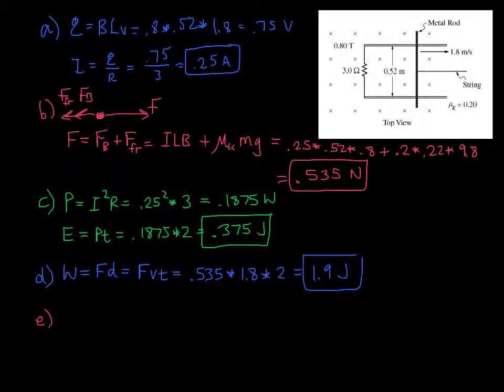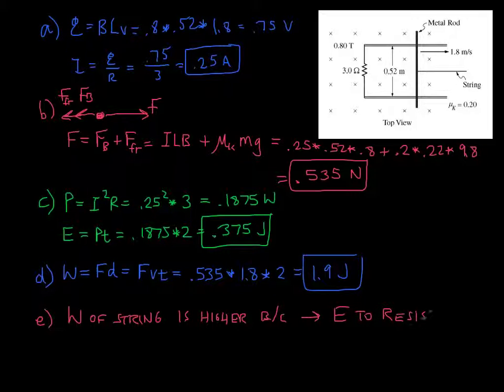So the work in D is higher, the work of the string is higher because it has to provide energy to the resistor, and it has to overcome friction.